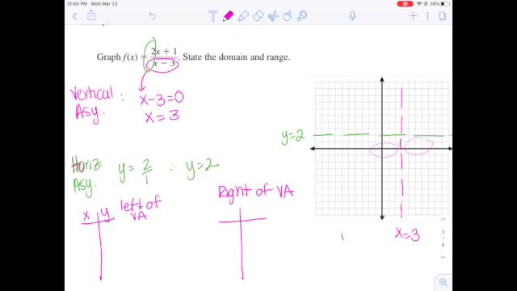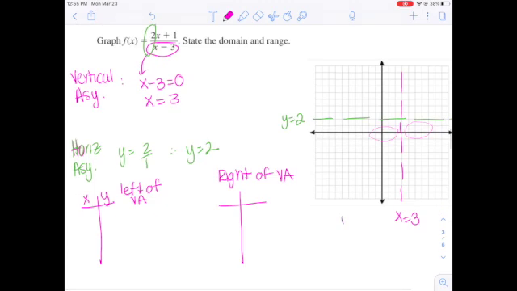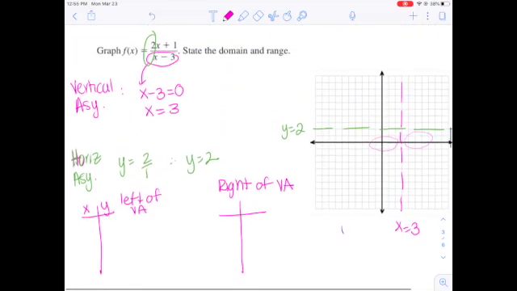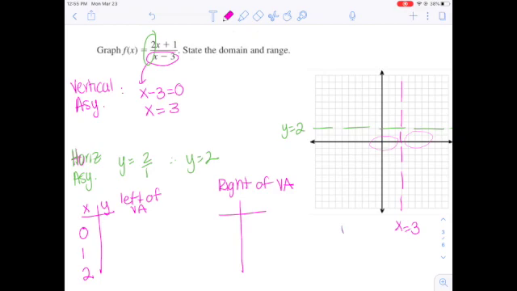So 3 points to the left, 3 points to the right, plug them in. I know that's a little bit of work, but it'll get your graph. So to the left of my vertical asymptote, I'm going to plug in maybe like 0, 1, and 2. And then I would not want to plug in 3.